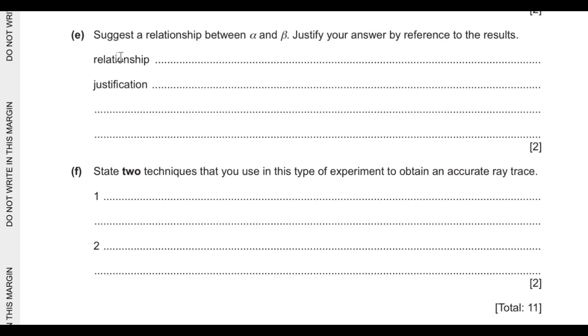E part says suggest a relationship between alpha and beta angle. Justify your answer by reference to the results. I have calculated the alpha angle that was 48 degrees and the beta angle is 50 degrees.